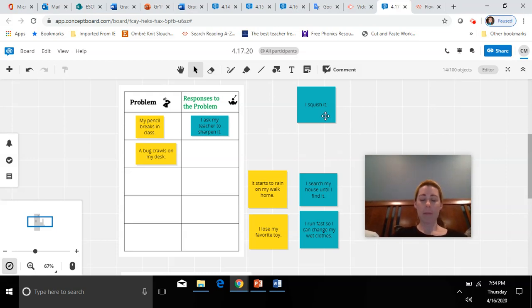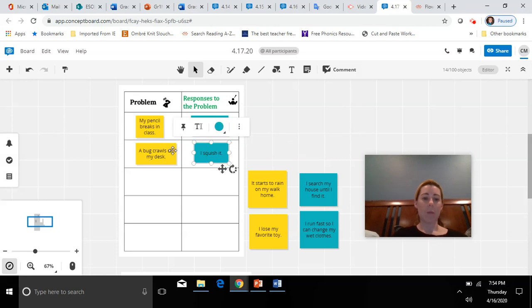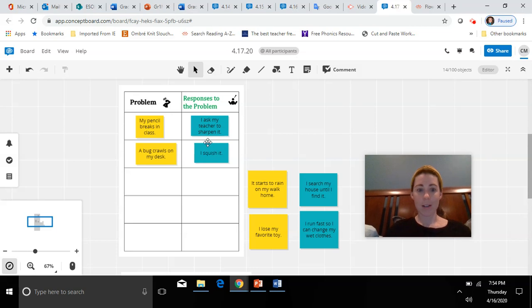Maybe you solve the problem by, this one, I squish it. That's probably what Miss Makadia would do. I would squish the bug. So let's put that into a sentence. When a bug crawls on my desk, then I squish it. So this is my problem and this is my response. When I see that happen, here's what I do.